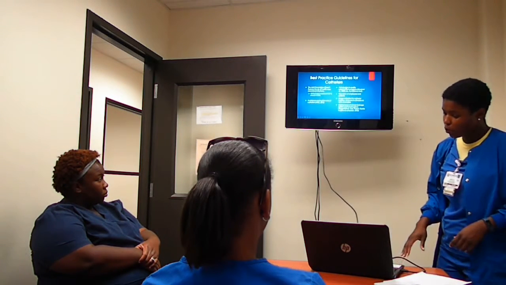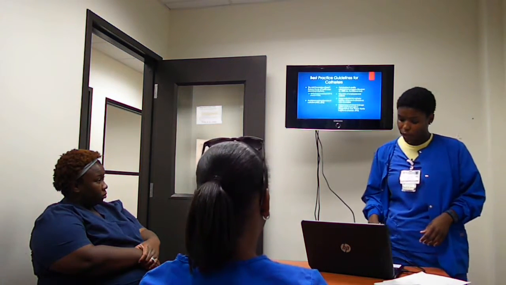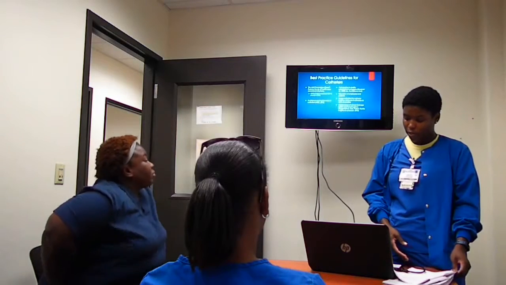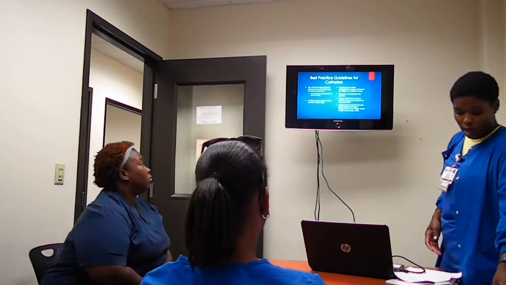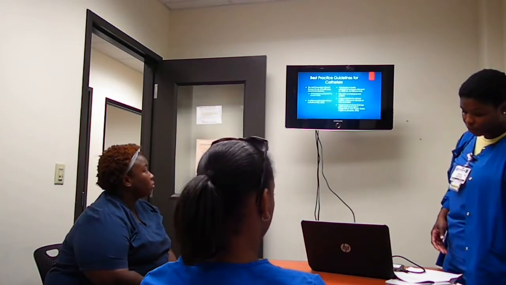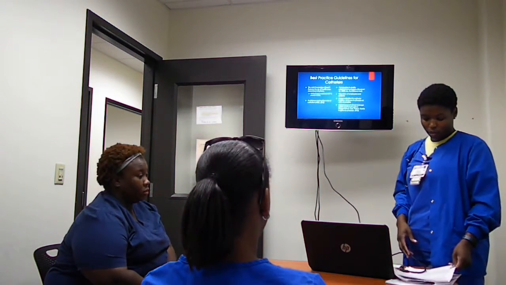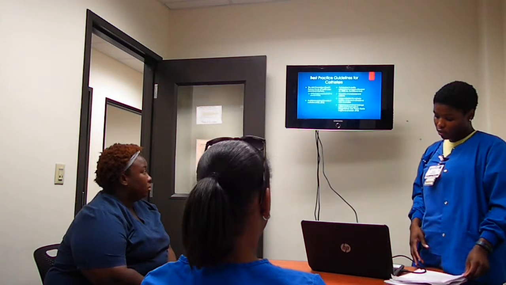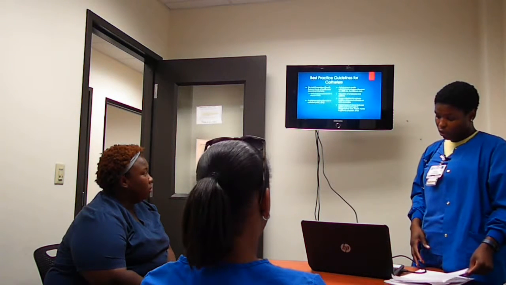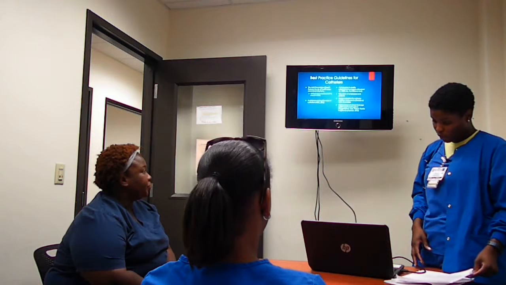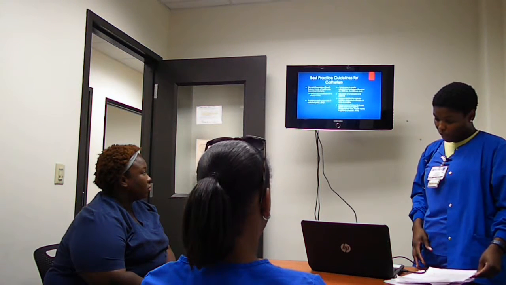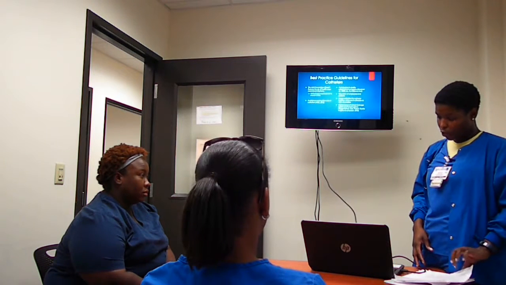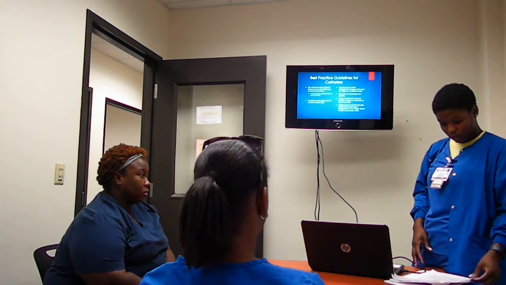So what are the best practice guidelines for urinary catheters? Well, the Joint Commission has national patient safety goals, and in particular, goal number 7 states to reduce the risk of healthcare-associated infections, and specifically goal 7.6.1, implementing evidence-based practice to prevent catheter-associated urinary tract infections.